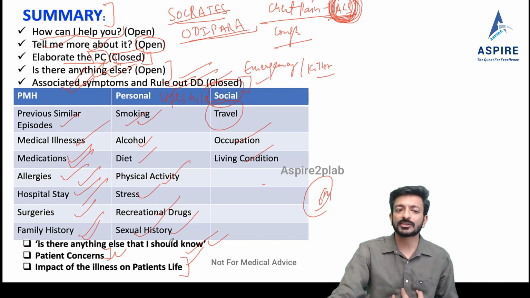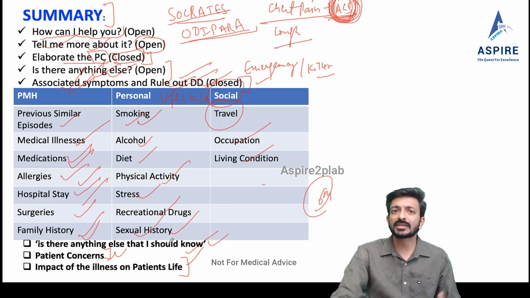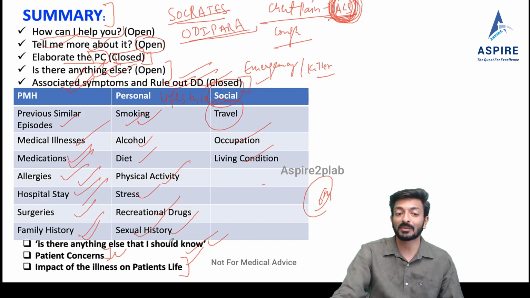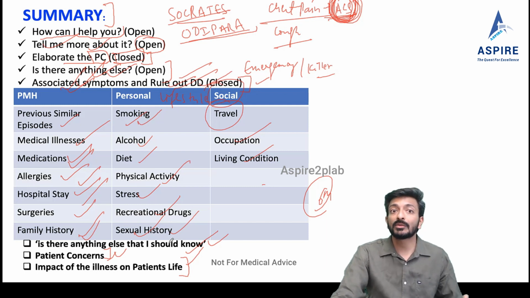If the patient has got chest pain and you're asking how this has affected your life, it will not make much sense, because an acute condition is not putting much impact on the patient's life. If they have got an acute illness, they'll directly come to the hospital and they don't have time to think how this is going to affect my life, isn't it? But with chronic illnesses, yes, definitely you need to ask. Maybe they're not able to go to work, maybe they're not able to spend time with their dear ones, so it's very important to know the impact of the illness on the patient's life, right?